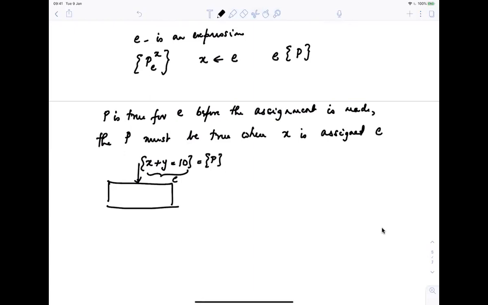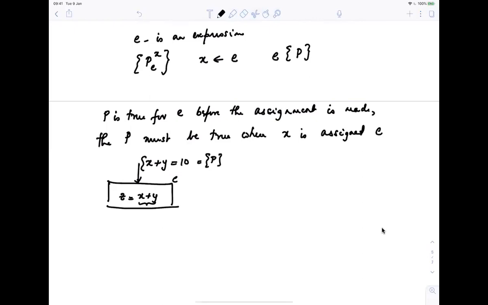Now I'm putting z is equal to x plus y, where x plus y is my expression, equal to 10, let us say.